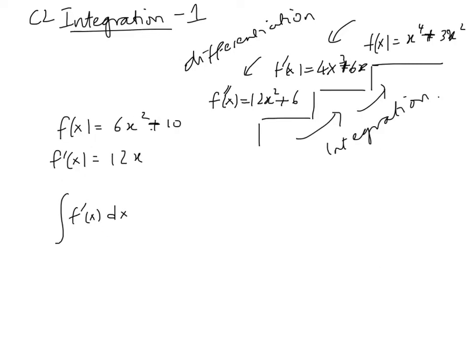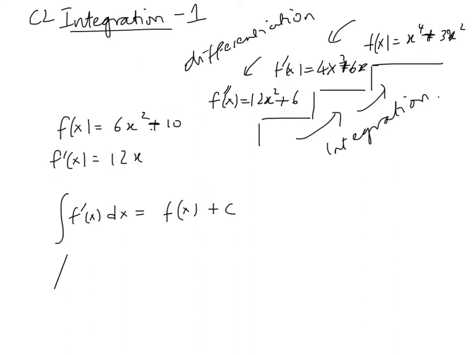And the dx tells me that I'm going to integrate with respect to x, and then this gives me f(x), which is my original function, plus c, and this c is called the constant of integration.